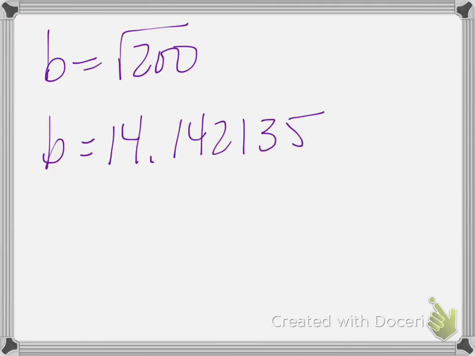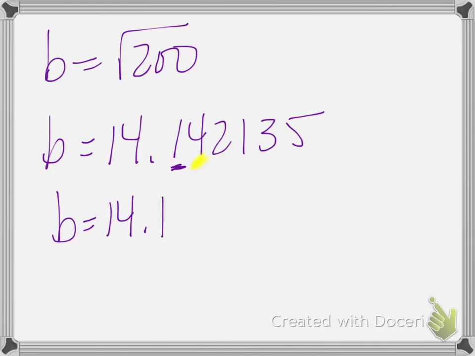If you're asked to round to the nearest tenth, that would be up to here, and you would say that b equals 14.1. Remember, when rounding to the nearest tenth, you go to the hundredths place. If it's 5 or greater, then the 1 would move up to a 2, and if it's less than 5, it just stays 1.